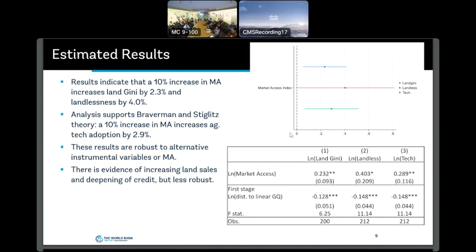Approximately a 10% increase in the market access index increases the land Gini by 2.3% and landlessness by 4%, which is consistent with the earlier theory I mentioned about Foster and Rosenzweig, that a 10% increase in market access increases agricultural technology adoption by about 2.9%.